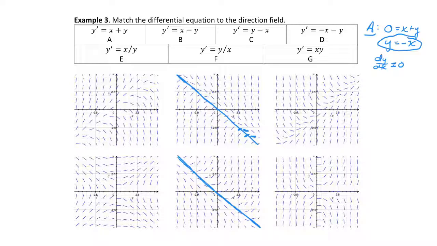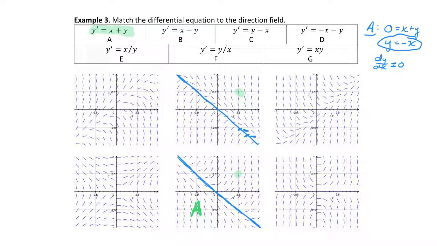Think about y prime equals x plus y. If I pick an ordered pair in the first quadrant, let's say we pick 1, 1, and plug in 1 and 1 for x and y, I would get 1 plus 1 or 2. I would get a positive number. So that means that this last one here must be A. So A is this graph down here.